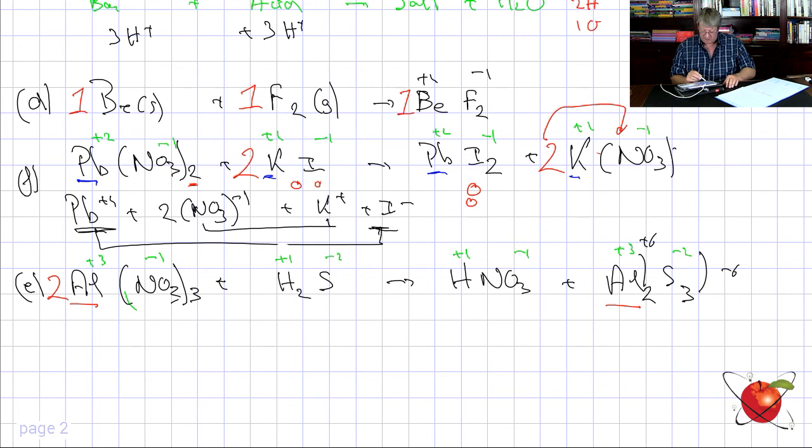Which now means, let me just check, then what my next step is, sulfide. I've got 3 this side, 1 there, so there's our 3 of them, right? Remember, there's 3 sulfurs attached to each aluminium. We need a 3 there.